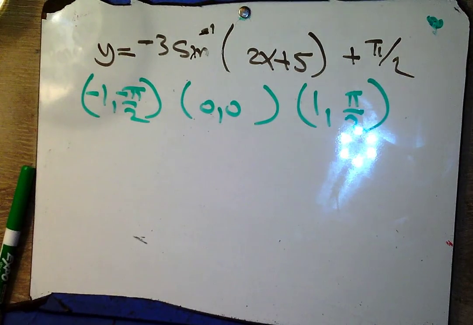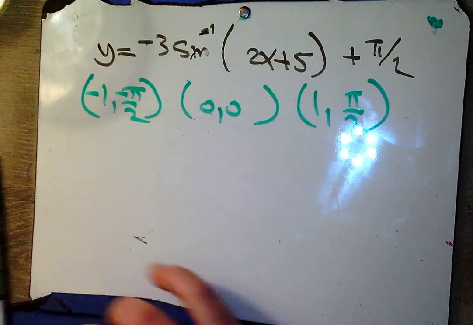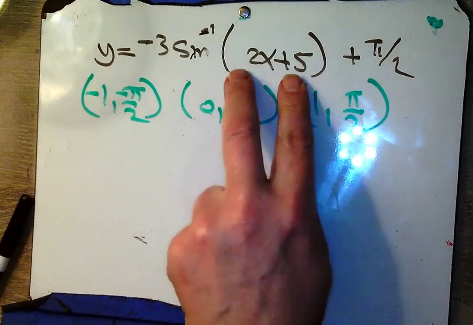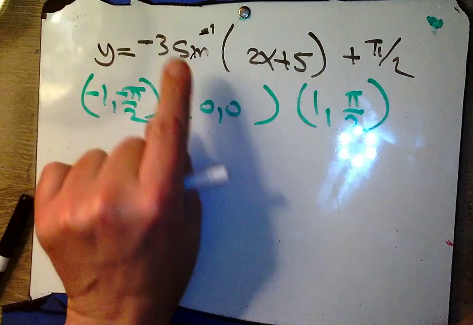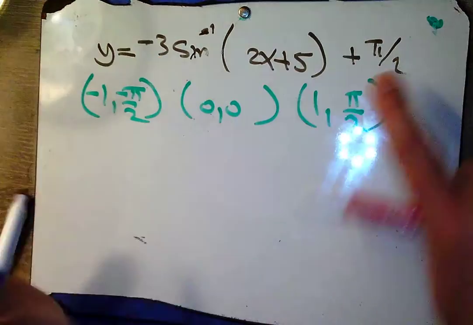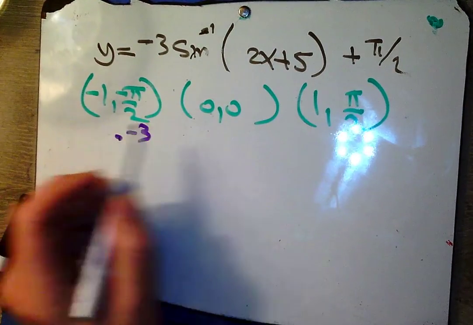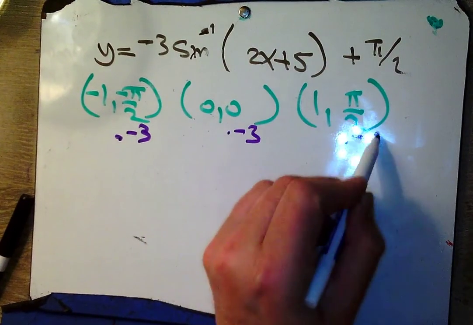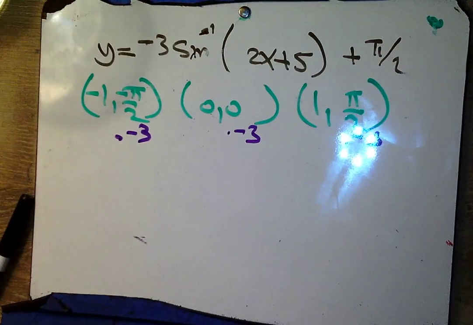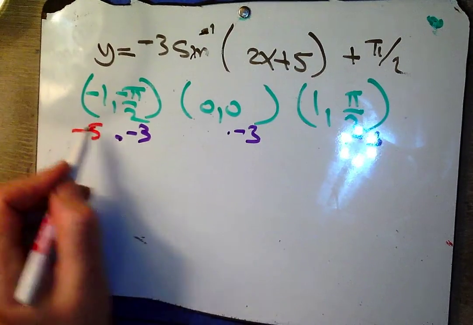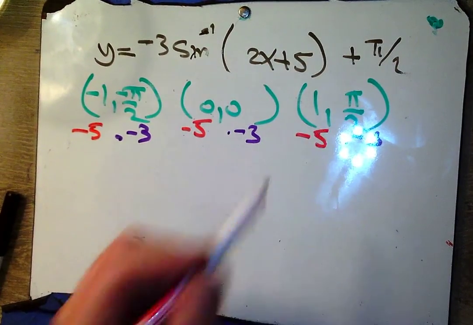Hey, welcome back. So I see two transformations with x's and two transformations with y's. I have to do PEMDAS for the y transformations, so I'm multiplying by -3. And for x transformations, I'm doing SADMEP, so I'm going to subtract 5 from all the x's.